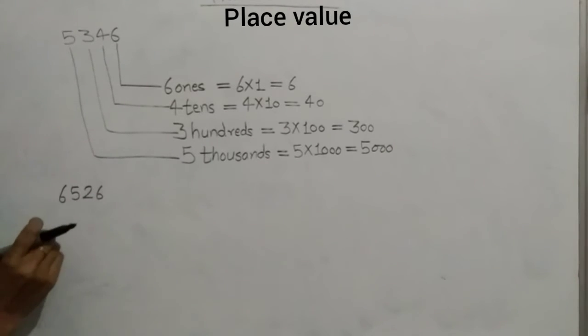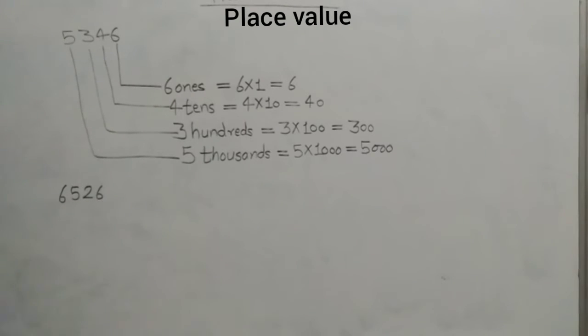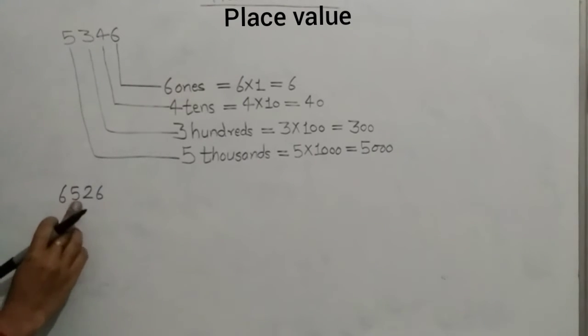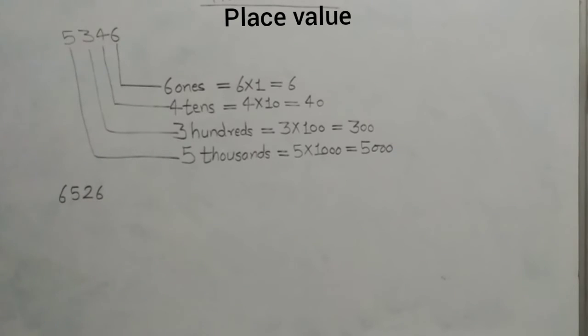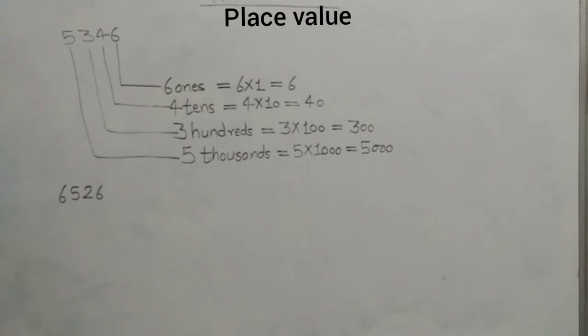What is the number? 6526. Here from the right side the first digit is 6 which is at ones place.